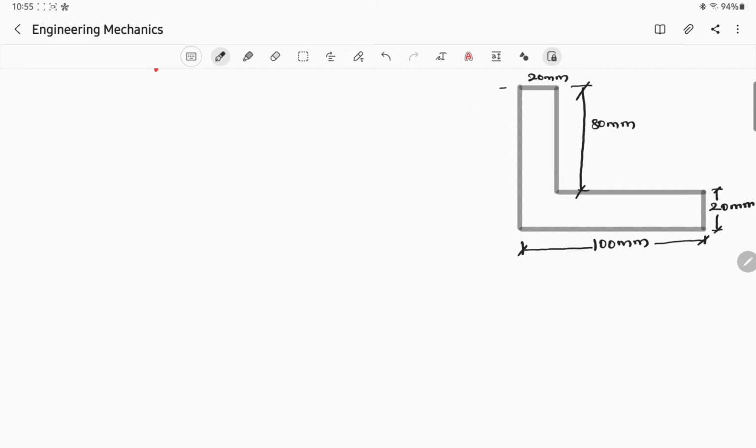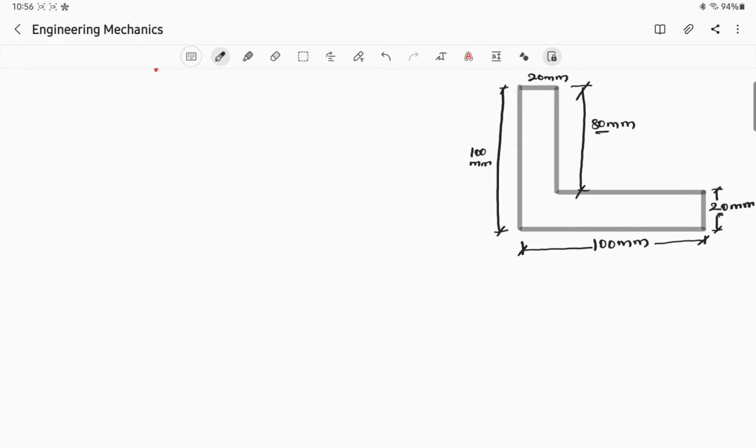The total height will be, if you see, this is 80 and this is 20, so this will be 100 mm, isn't it? So we have to calculate moment of inertia about its centroidal x and y axis.